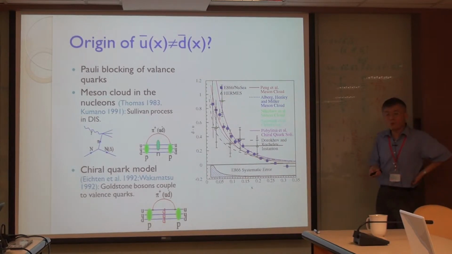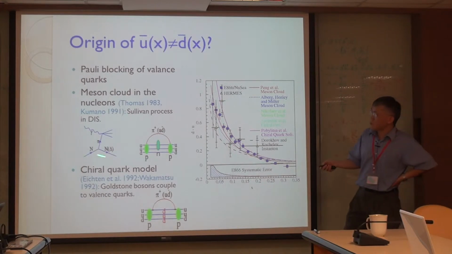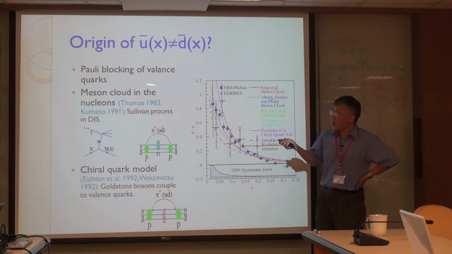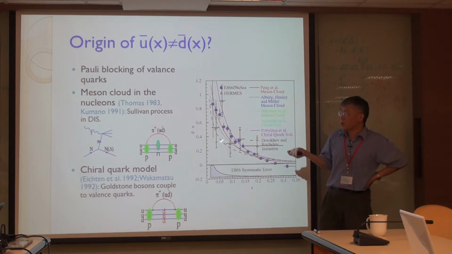But if you perform a more serious perturbative QCD calculation, you find that the effect is actually quite small relative to what is measured experimentally. Then you have to rely on a non-perturbative model, like the meson cloud model.